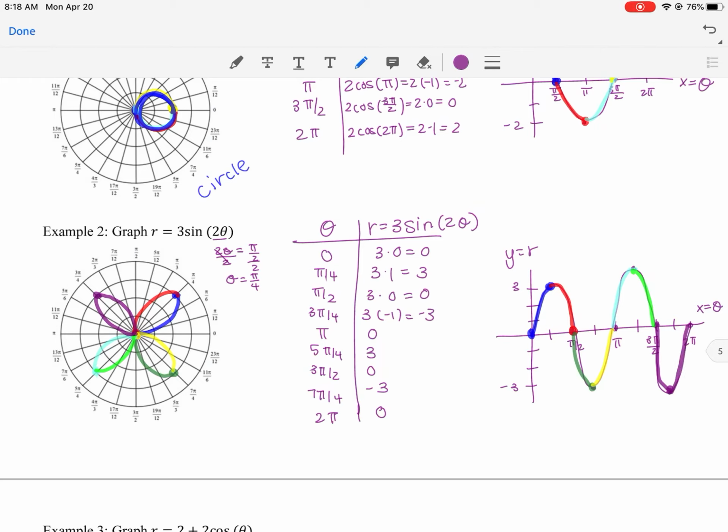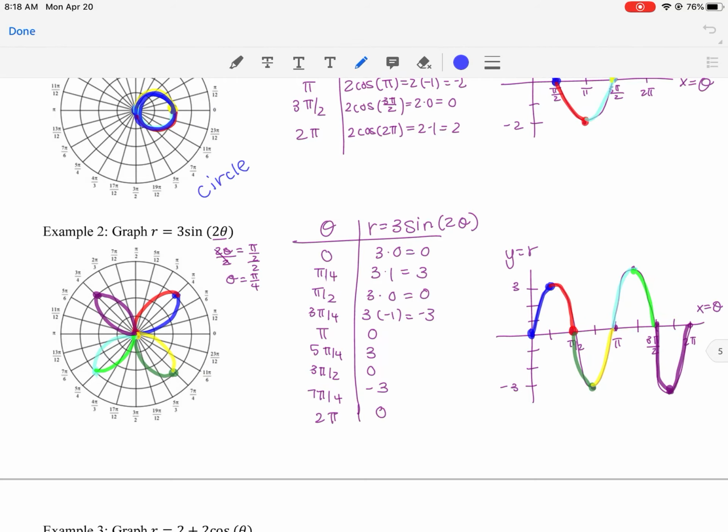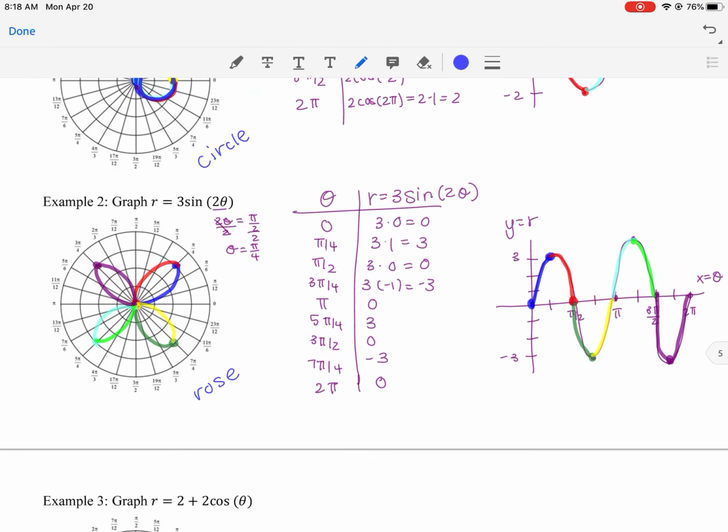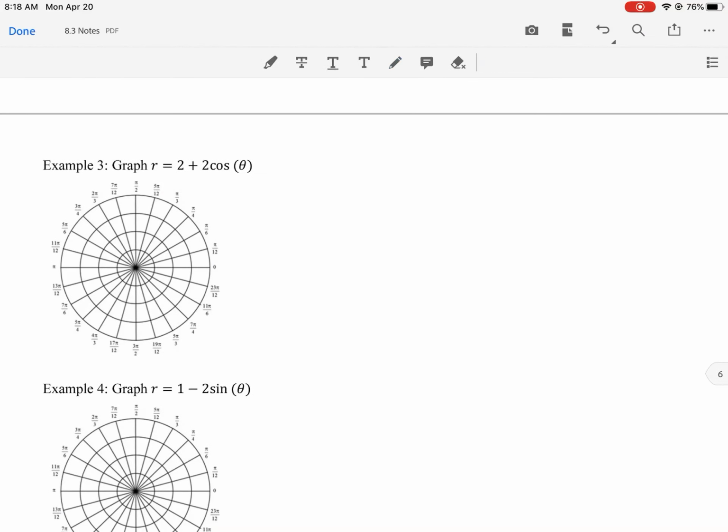So this one looks like a flower. They often call it a rose. For this one, if you want the informal name, it's called a rose. You don't have to know the names, but sometimes it may help you to recognize the patterns.